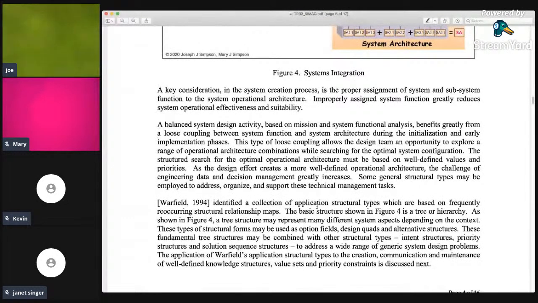Also, the work that was done by Hitchens in his Putting Systems to Work and a couple of his other books talked about how to evaluate these large-scale systems and their operational suitability.